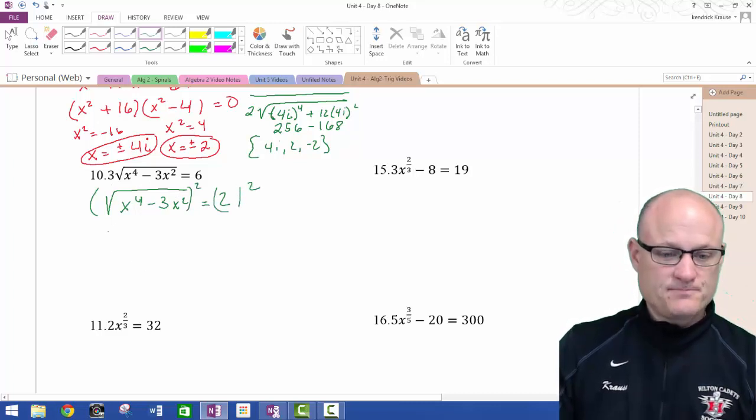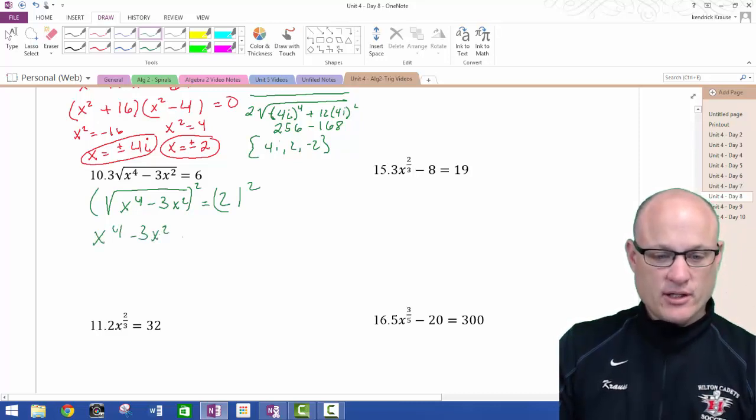Square both sides. I get x to the 4th minus 3x squared equals 4. Bring the 4 over. I get x to the 4th minus 3x squared minus 4 equals 0. On this one, the factoring is kind of interesting.